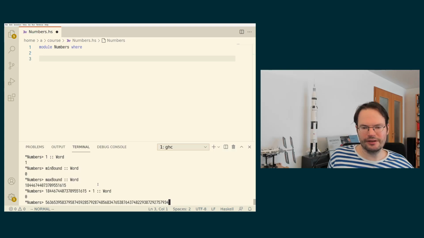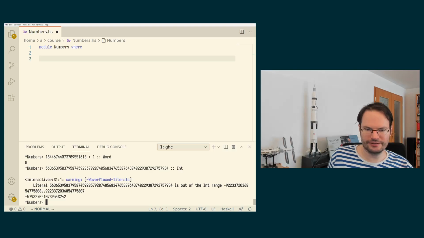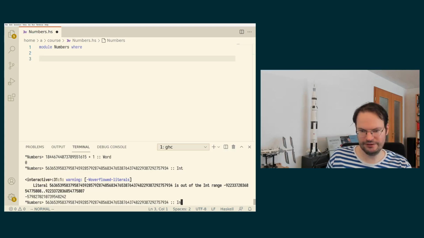So if we interpret an integer literal as something else, then this fromInteger method is implicitly called. And additionally, we see here that we get a warning that in this case we had an overflow in this implicit conversion that goes from this integer literal into the type that we are applying.